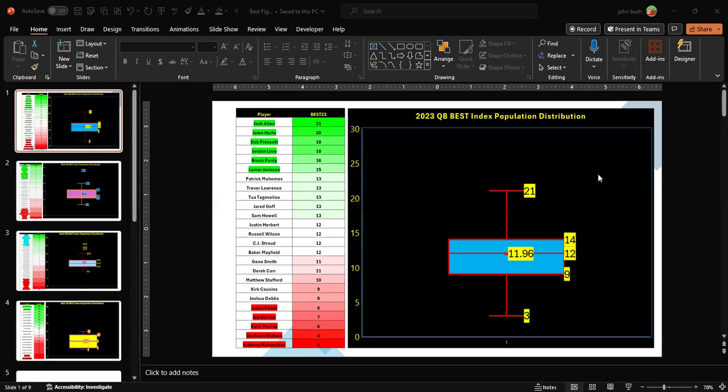And so, Dennis, what I did was hit the old box and whisker population analysis. And anything above 14 is in the upper 25%. Anything below 9 is in the lower 25. So you got the extreme highs and lows. I have found in system analysis, those tell you a lot more than you might think.